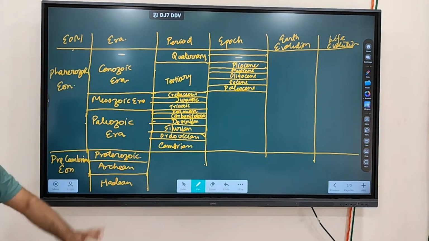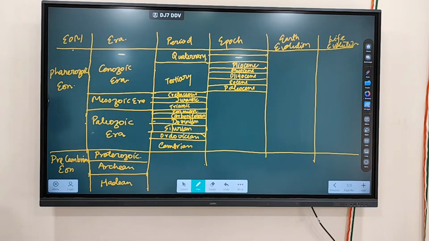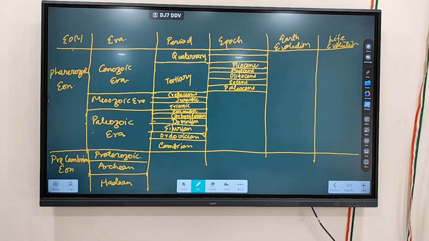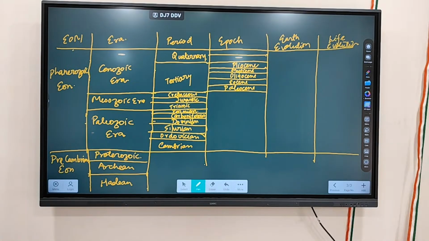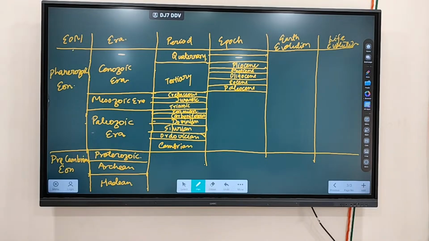Now, the Tertiary is divided into various epochs: Paleocene, Eocene, Oligocene, Miocene, and Pliocene. Fine.